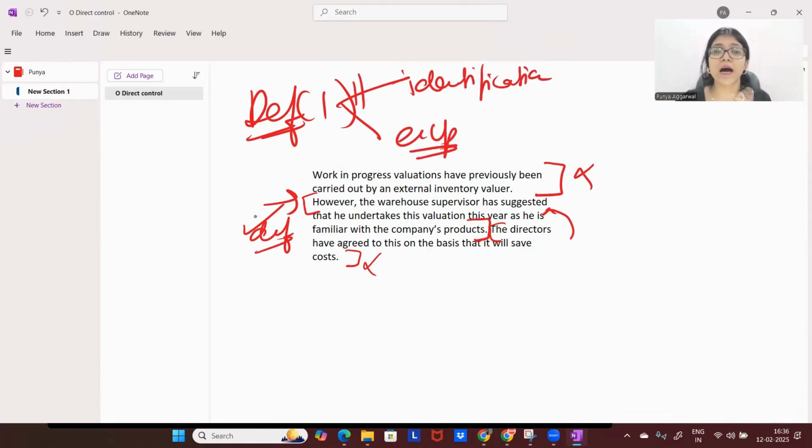So it is half mark for the identification, half mark for the explanation. When you are copy pasting the entire paragraph, you are actually telling me as an examiner to find out which is the deficiency in this paragraph. Because the first line is not it, the last line is not it, the deficiency is in the middle line.